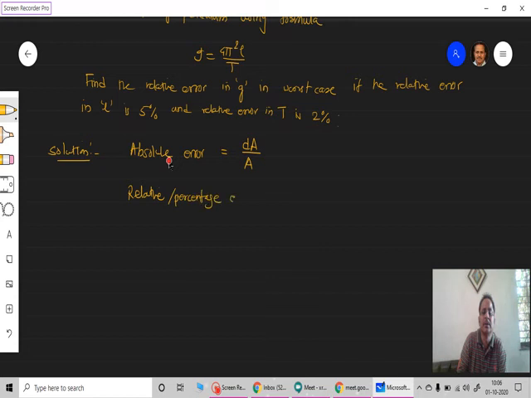Relative or percentage errors are this absolute error multiplied by 100. Here we have been given the relative or percentage errors in both of these measurements. And one more word comes here, that is called worst case.